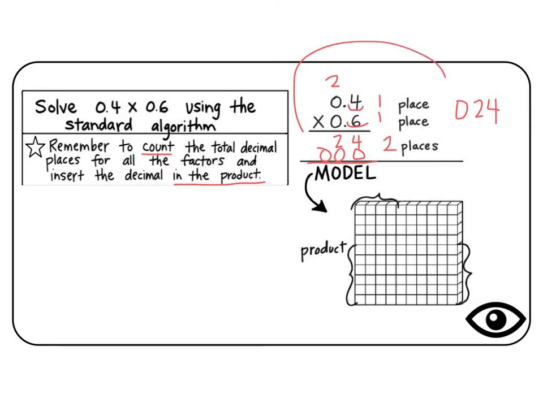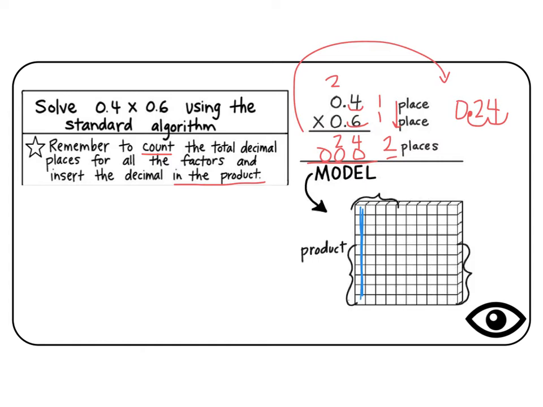I just wrote it over here so I have more space. And then we would count from the right 2 decimal places in, 1, 2, and our number would be 0.24.